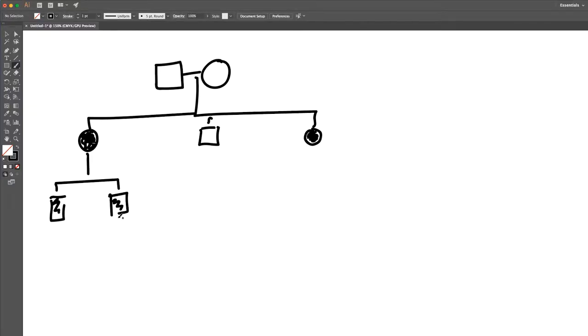Then this son has a son who's afflicted, and this son has a son who's afflicted. This son has a son who's not afflicted and a daughter who's not afflicted, who marries a person who's afflicted, and their son is afflicted.